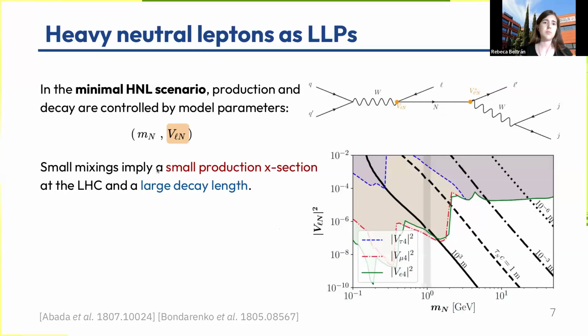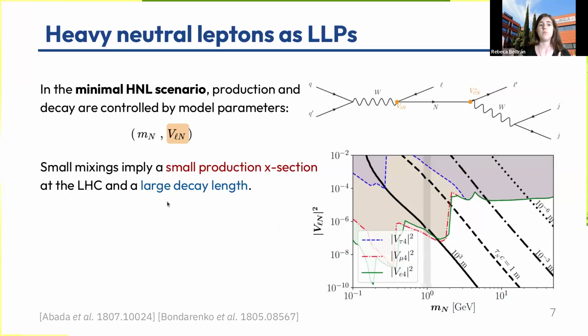Since the mixing is expected to be tiny, the production cross sections at colliders should be small, and as regards the decay, the small mixing angle suppresses the decay width.